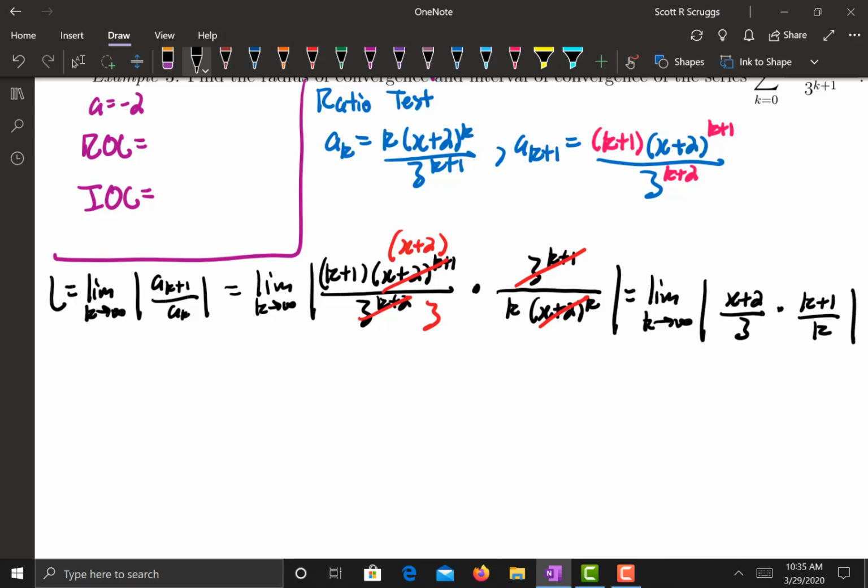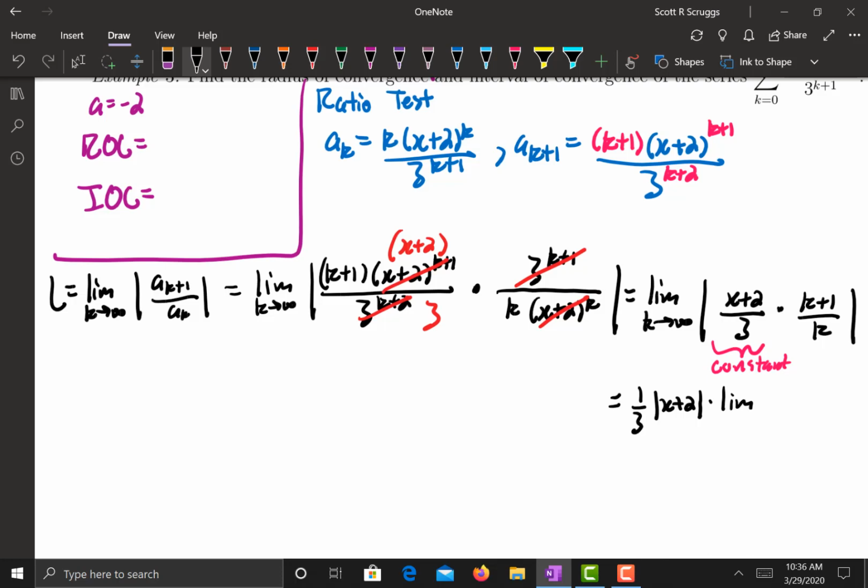Just like in the previous example, I'm going to write this as a product of two absolute values. Because this is a constant with respect to k, I'm going to move that outside of my limit. So let's do that step. I get 1/3 times the absolute value of x plus 2. Keep in mind, I'm keeping the absolute value with the x plus 2 because I don't know yet whether that quantity is positive or negative.